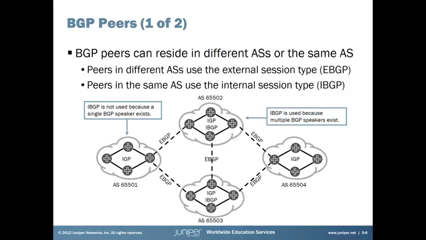So BGP peers can reside in different autonomous systems or in the same autonomous system. Let's look at that idea for a minute. Here we've got autonomous system numbers on these different networks. Okay, so we've got one over here on the left, AS65501, and what we discover is that particular autonomous system has a peer to two other autonomous systems.